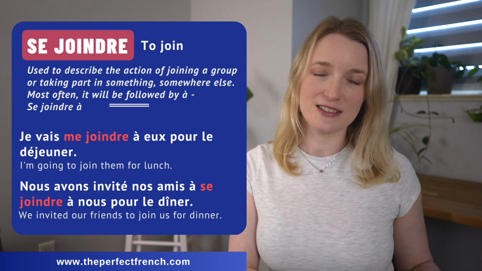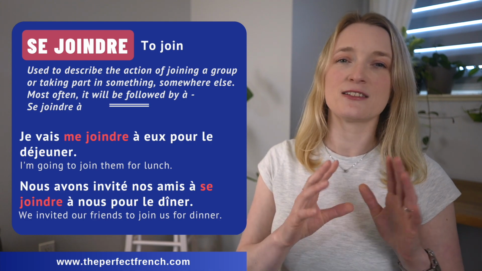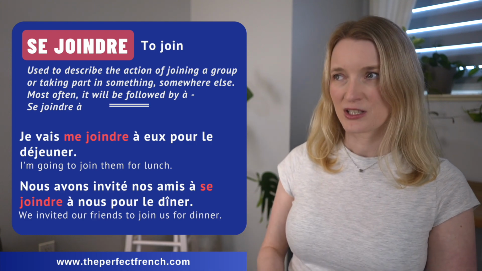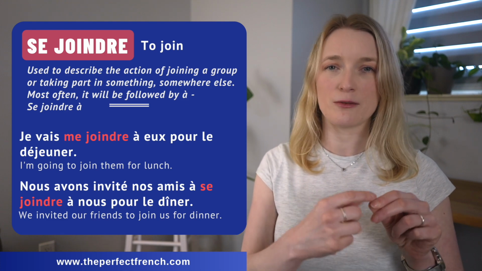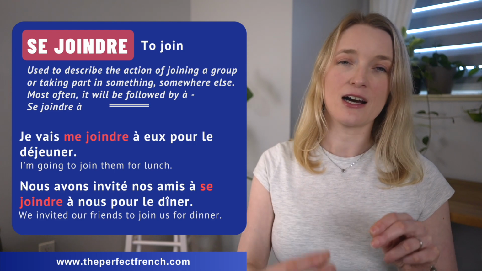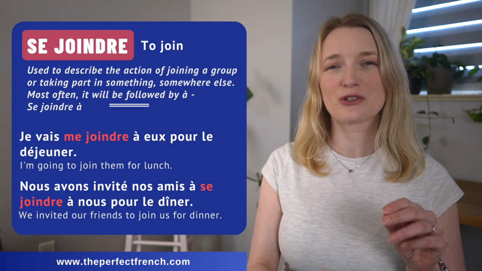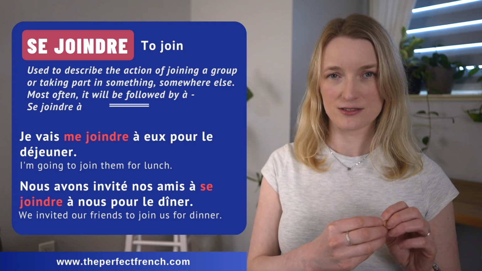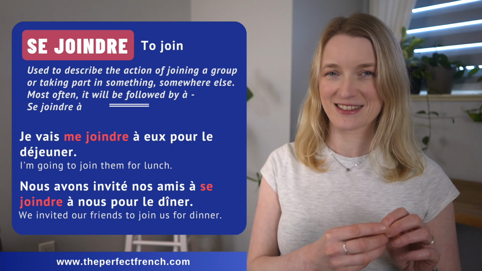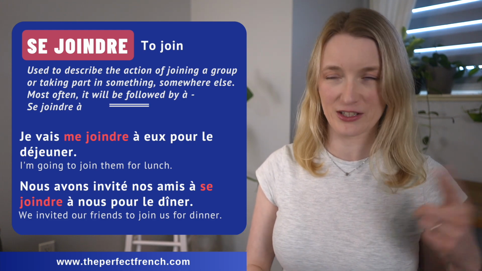So here we are staying, but our friends are coming. So with this verb, it's only a one-way movement. Only the subject impacted by the reflexive verb is going to move to come join the other one. Make sense? If it doesn't now, it will later. Let's go to the next one.